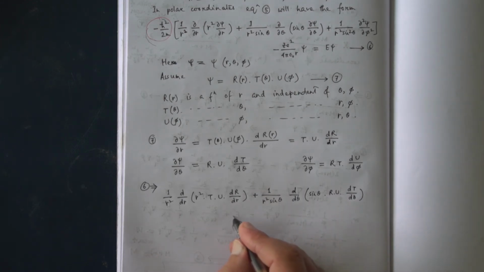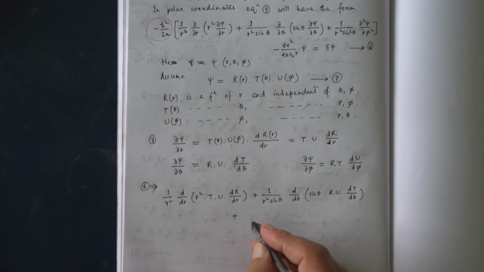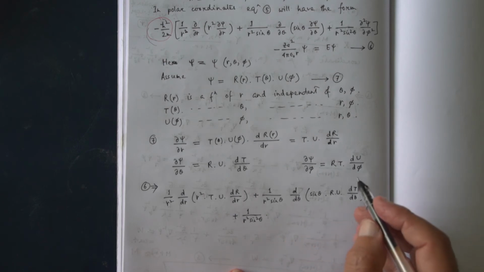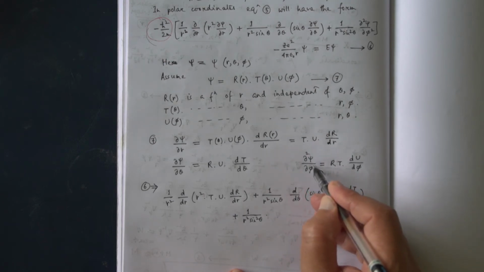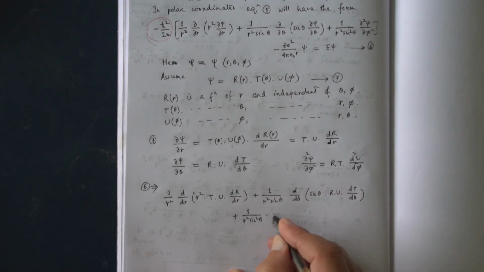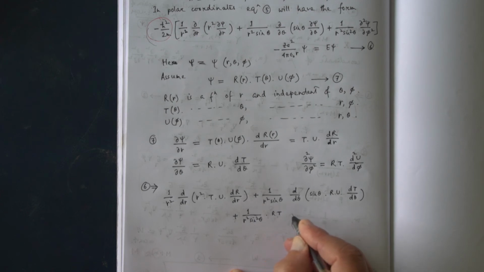Then plus 1 by r square sine square theta times R T d2U/d phi square.